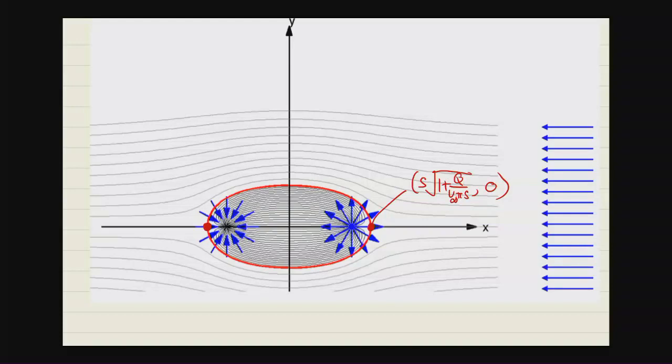And this point here is just the negative of that. This separatrix here is just our equation for a half Rankine body, which we have derived earlier on.